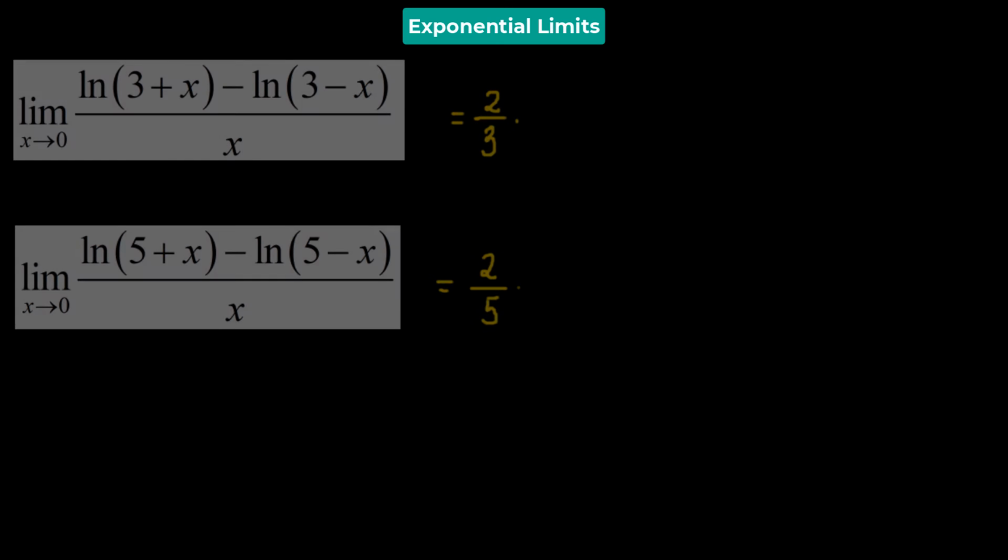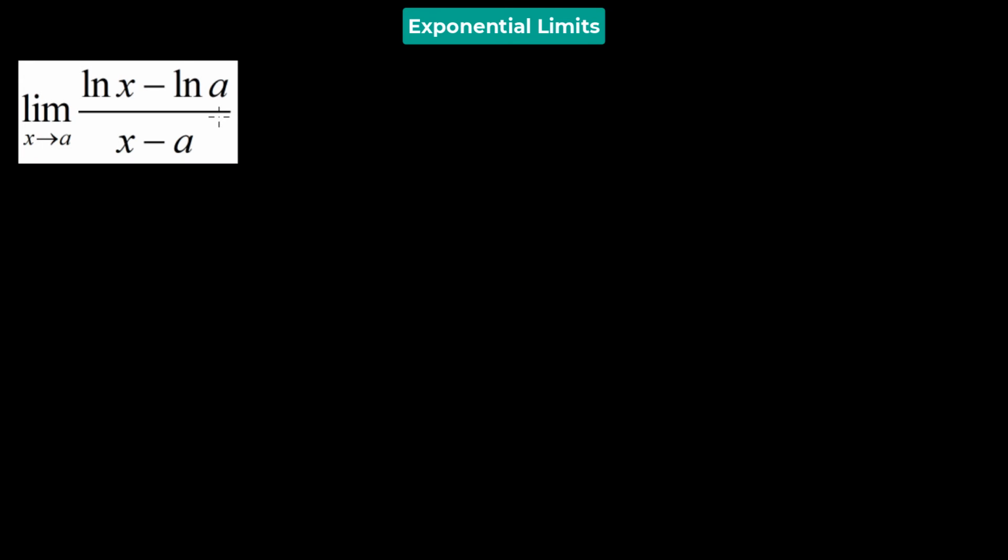Let's do another problem. Here we have the function log of x minus log of a, divided by x minus a. We're going to combine the two terms in the numerator using the property of log: log of a minus log of b is equal to log of a over b.